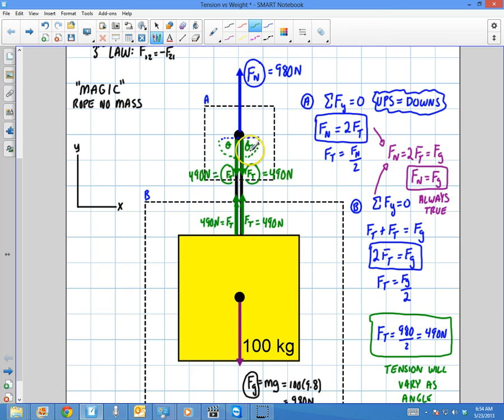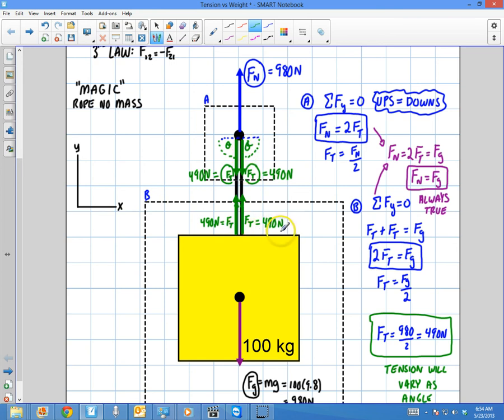And that's a design question, like an engineering question, because you might not want to hang an object straight up and down just because you don't like the way it looks. But you might want to ask yourself, what's the safest way to do that if it's a heavy object? So in the next videos, we're going to start to change this angle theta, and I'm going to show you how that tension will change.